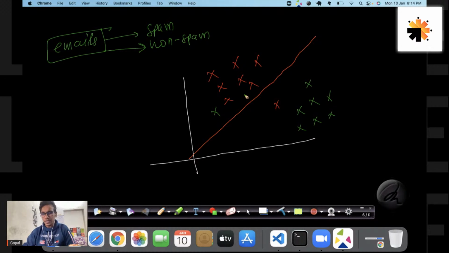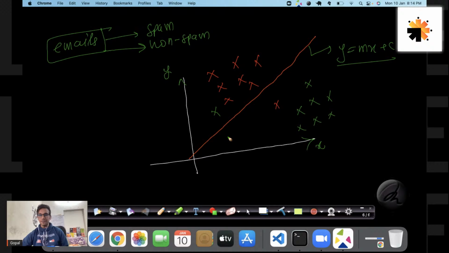But right now what we can do is come up with such functions, or a line. In this case it's an xy plane, this is your y and this is your x. In an xy plane we can come up with such a line which can separate my data.